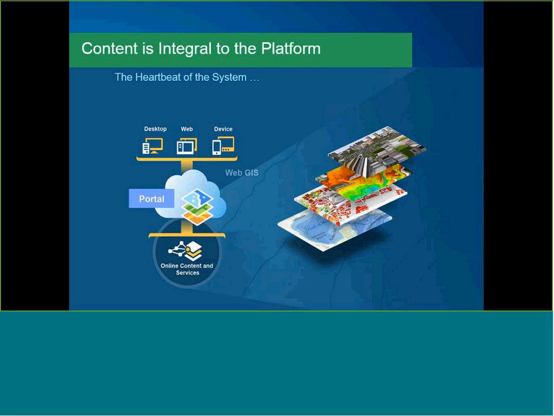Okay, so starting off to really set the scene, it seems quite obvious that the content provision within ArcGIS Online is vital to the system. It forms a layer of contextual mapping, contextual layers that can be used for visualization, and can add context to the analysis you're doing on top of that. But also, increasingly, it's a source of data that's used to underpin different services that we provide.